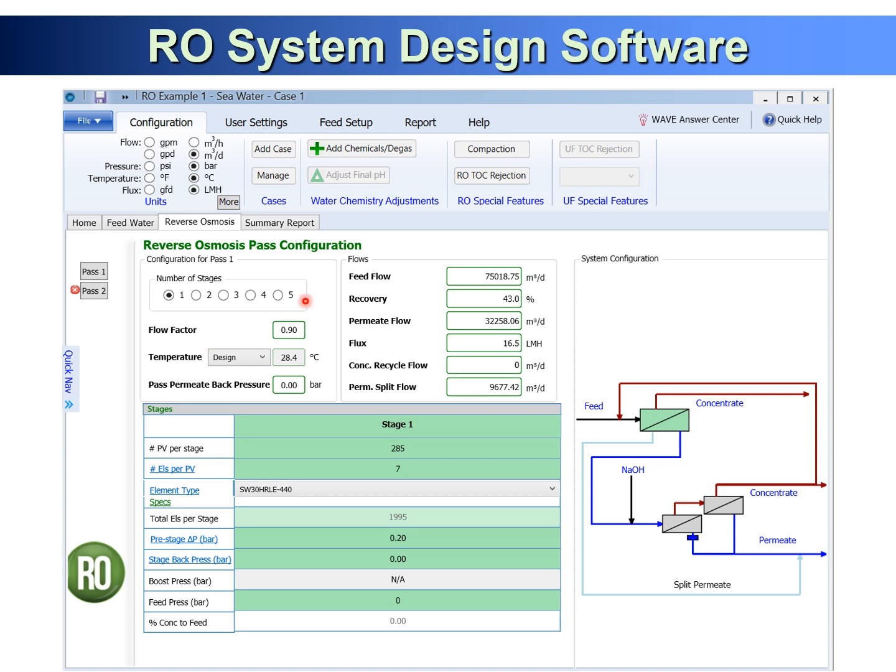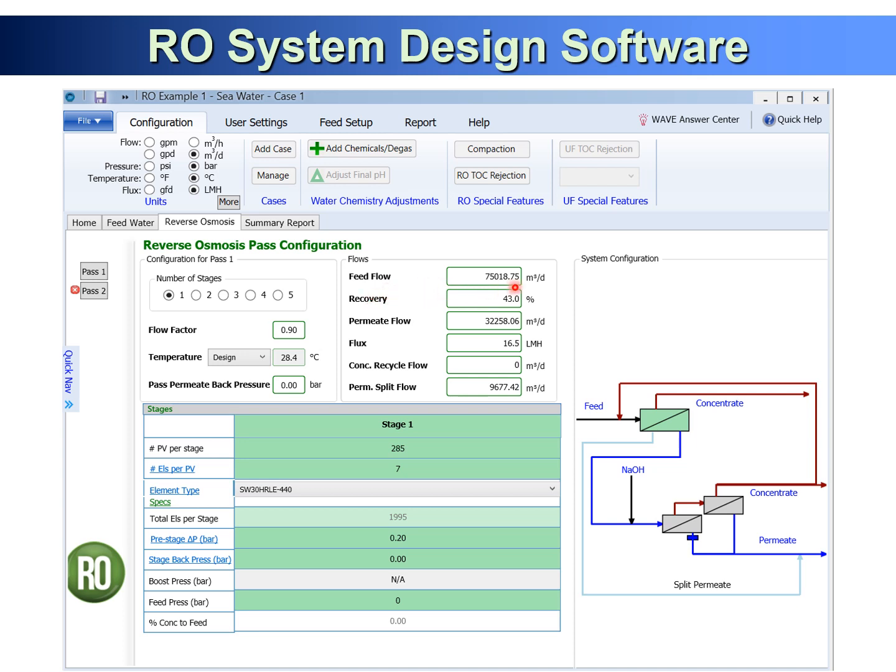So we design for 0.8 or 0.9 on average, because the lifetime of our membrane is almost 5 years for seawater desalination. And then we put the flow factor around 0.9, average temperature 28 degrees, and permeate back pressure and your flow.